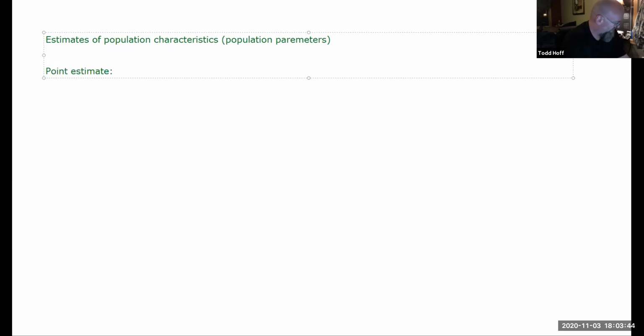A point estimate is a single number based on a sample that represents a plausible value, excuse me, for that population characteristic.